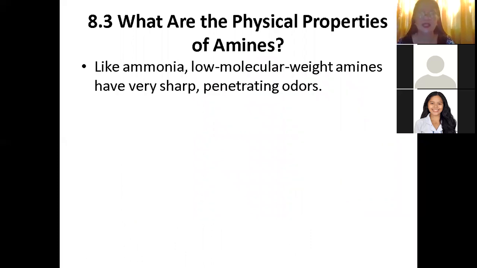So like ammonia, that is NH3, it is a low molecular weight amine, but it has a very sharp penetrating odor. Baho, no? So the urine, once you leave it for how many hours or days, this will be transformed into ammonia.